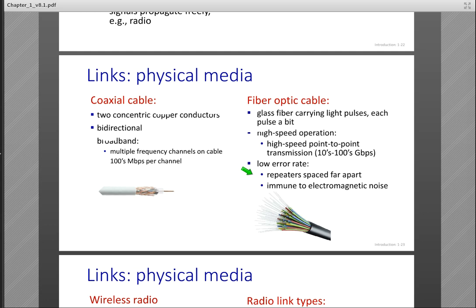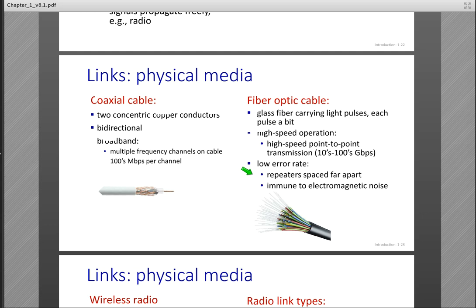Why? Because in fiber optic we are sending data in the form of light, not in the form of electromagnetic signals. So there is no noise for them in the environment.